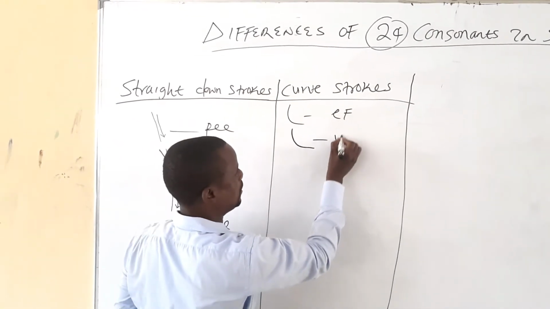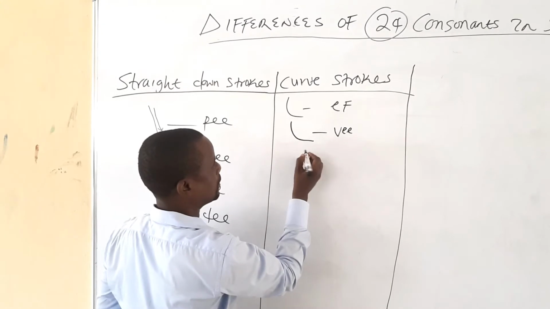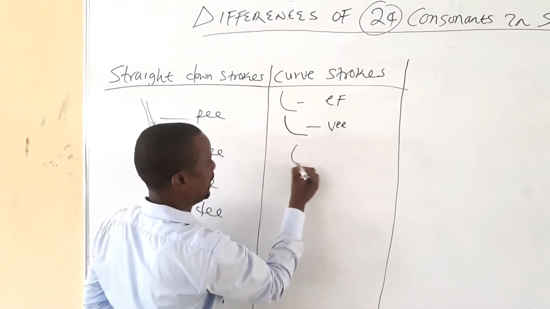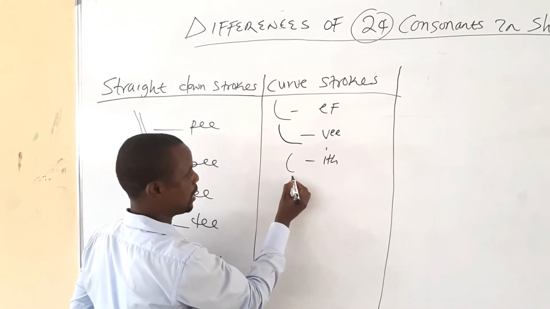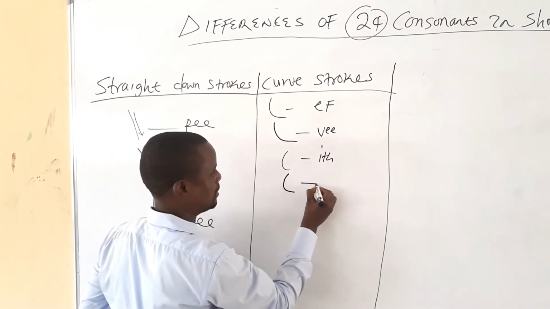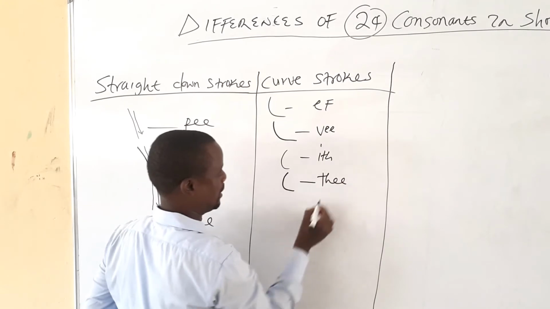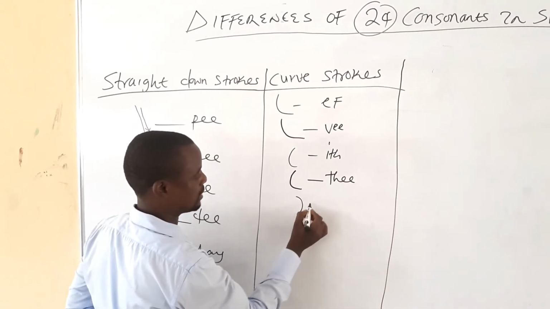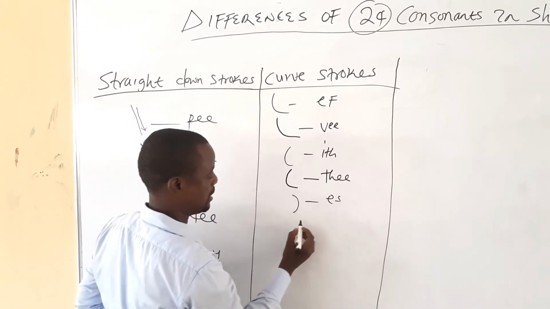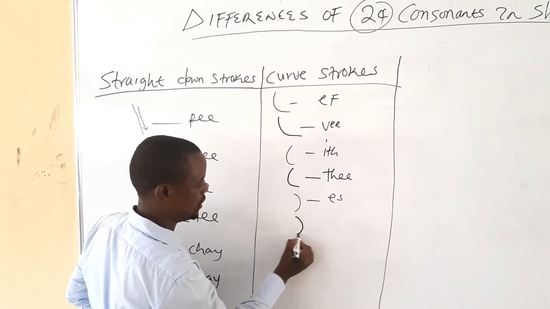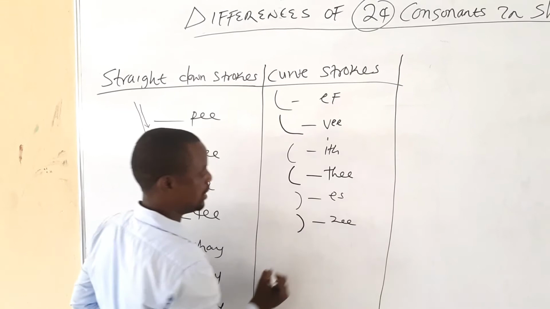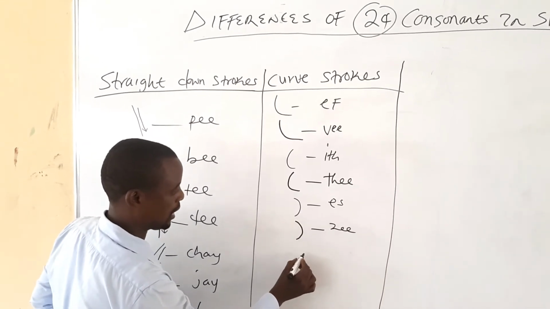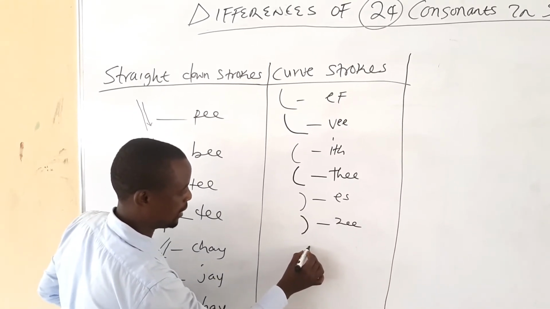Then we have V. Then we have E. You call it E. Then we have Z. This is Z. Then we have S. This is S. Then we have Z. This is Z. Then we have ish.